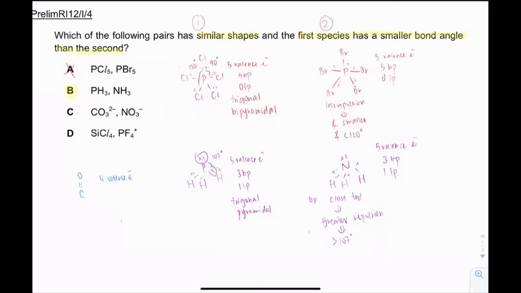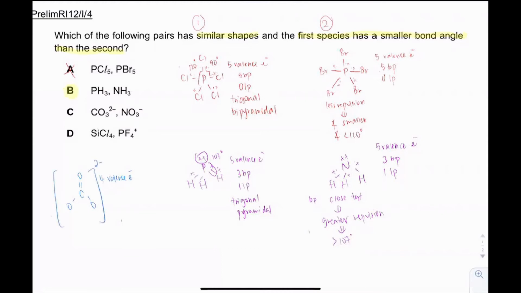And for oxygen, it can only achieve octet if it has either a double bond or a single bond, provided it gains an additional electron from elsewhere. So over here we have CO3 2-, so it gains 2 electrons from elsewhere. So therefore we can distribute that to 1 each. So this is CO3 2-. We commonly write it this way.